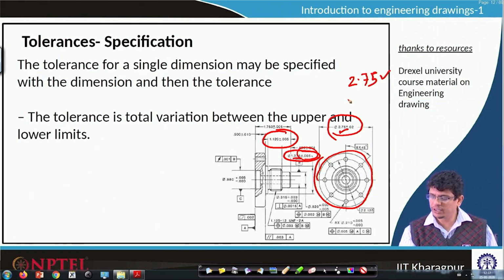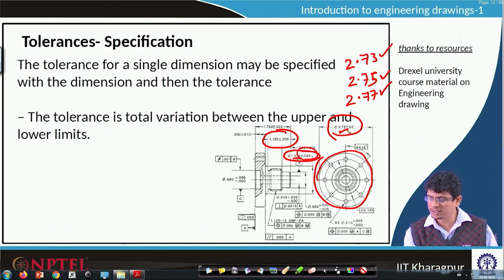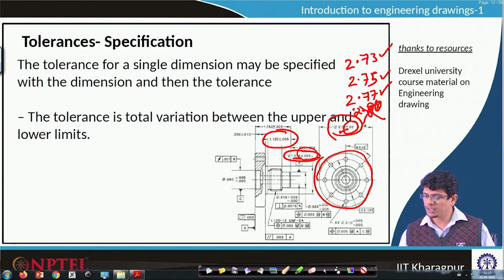If it is 2.77, that is also perfectly fine. If it is 2.73 units, that is also perfectly fine, because this is what plus or minus 0.02 represents. If they find anything like 2.78, they will reject that part. So, for that purpose these tolerances are always helpful.